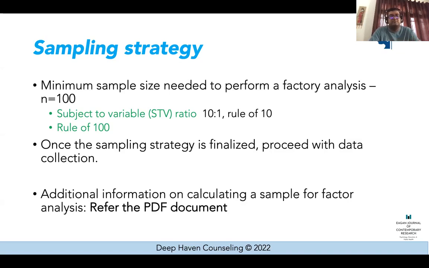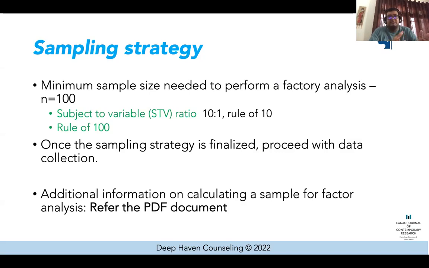So what we do is there is something called subject to variable ratio, 10:1 or the rule of 10. Basically we get 10 individuals per item, which means if you have 10 items, 100 individuals. Now the question is, self-efficacy is a unidimensional scale, which means it's just one variable.